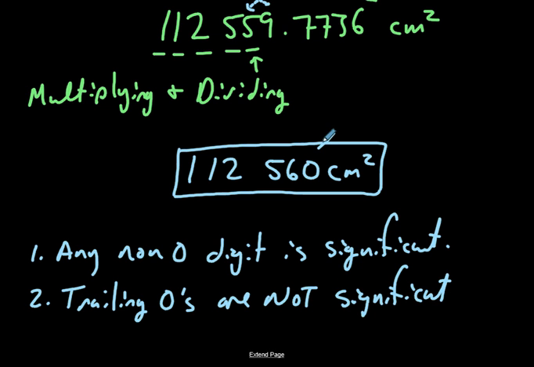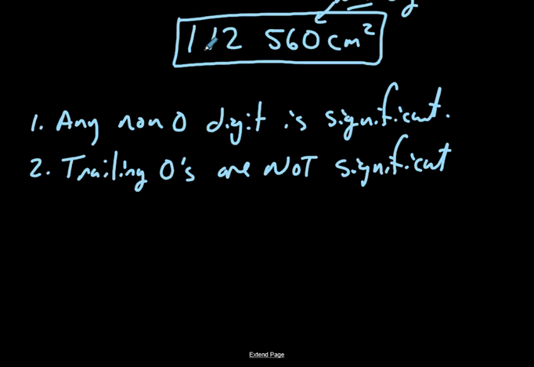So this is not a significant digit. Not sig. Okay, trailing zeros are not significant. There's kind of a caveat on that, though, and we'll talk about that in a second.